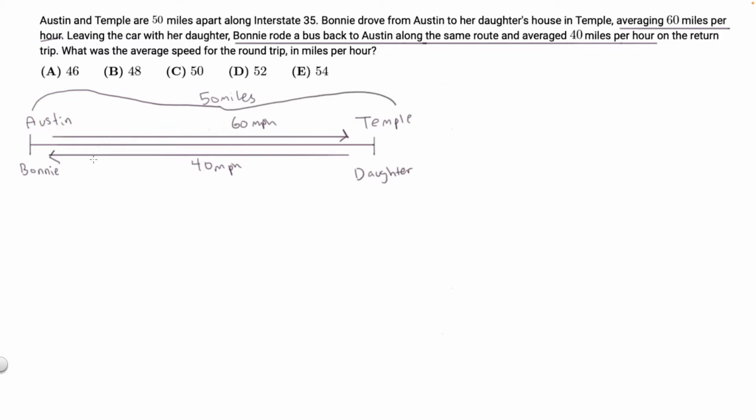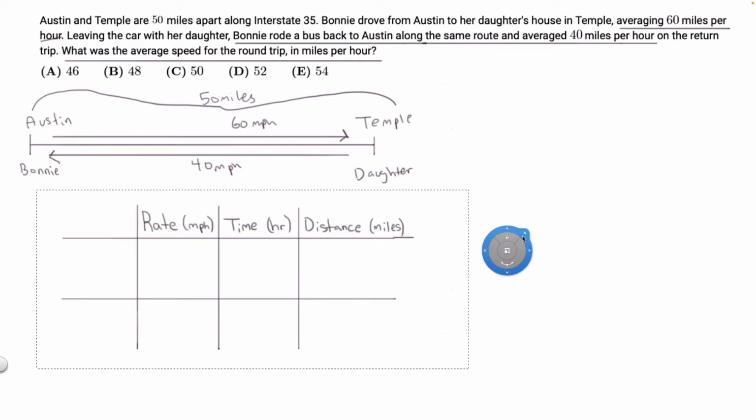So that whole distance was 50 miles. And then to find the average speed of the round trip in miles per hour, we can use the distance equals rate times time formula. So we can set up a table here.